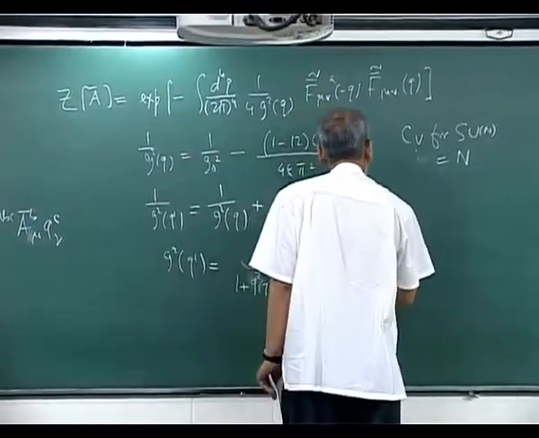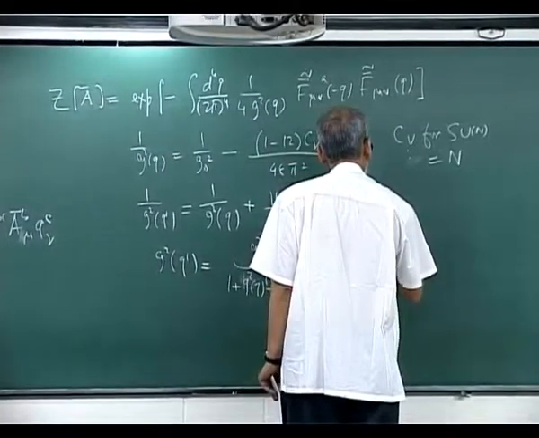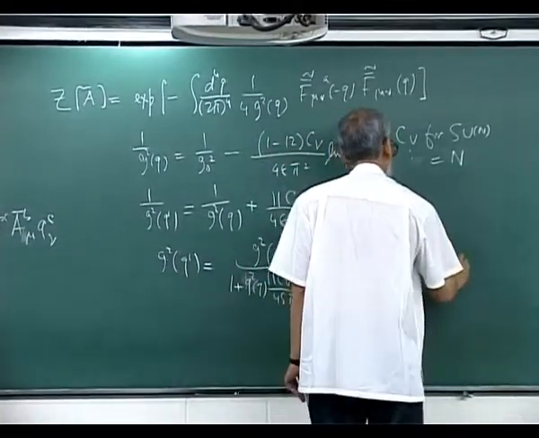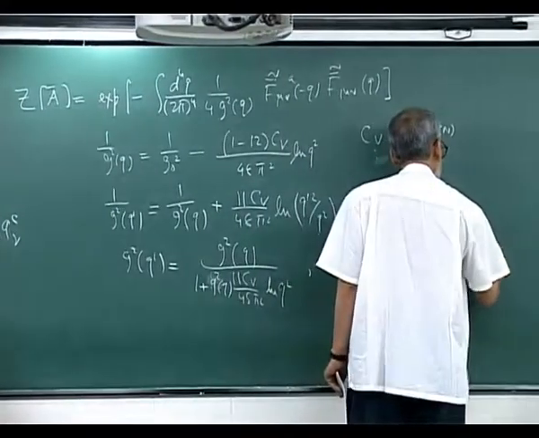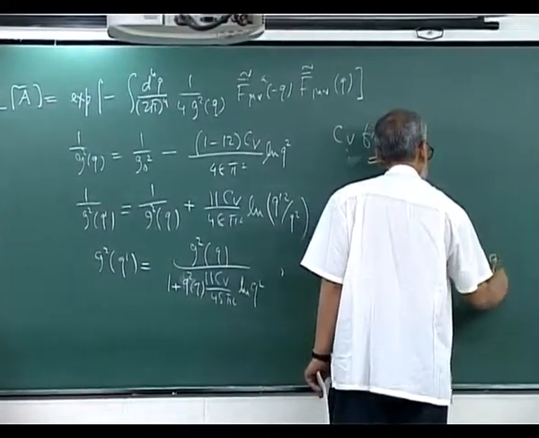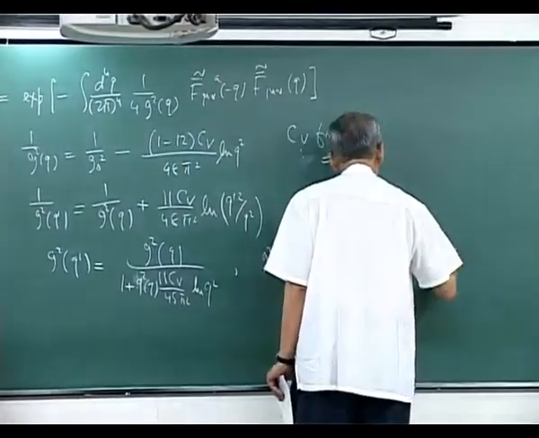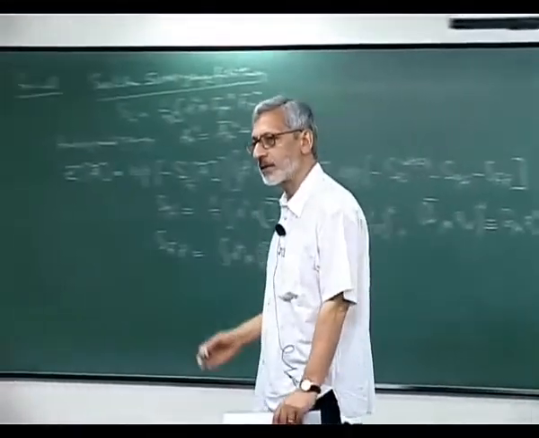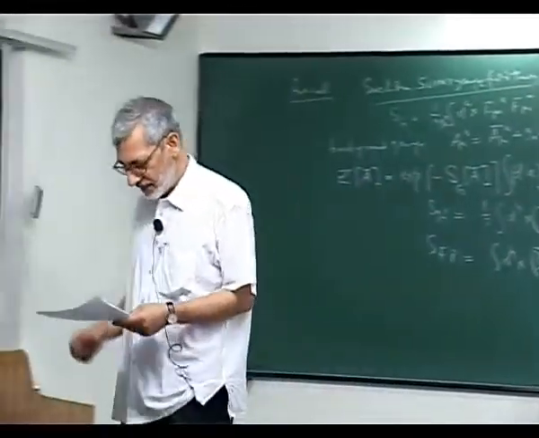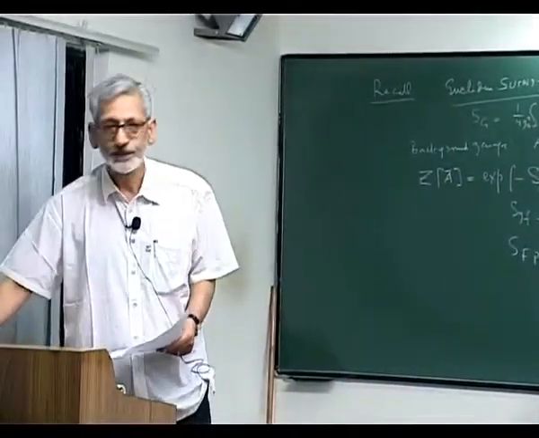And this tells me that g²(q′) is smaller than g²(q) if q′² is greater than q². So that means the coupling constant reduces as we increase momentum. So that's the special property of this theory.